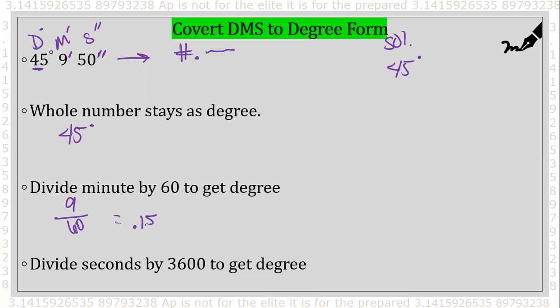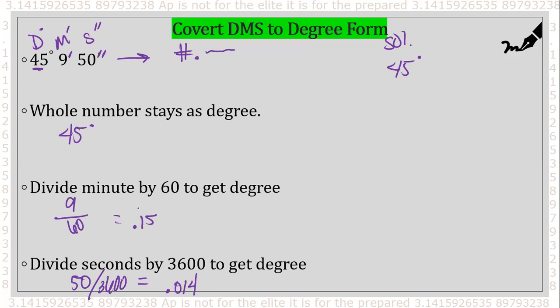This is going to be used to find our complete decimal place. The next part is 50 seconds, which is divided by 3,600, and that will give me 0.014.